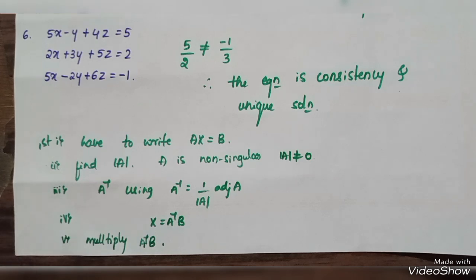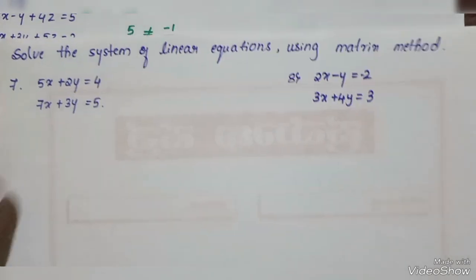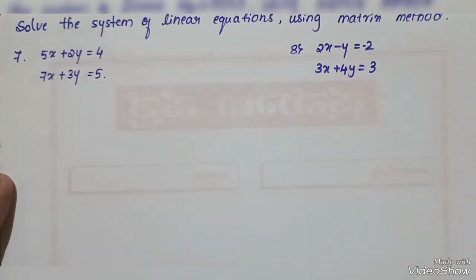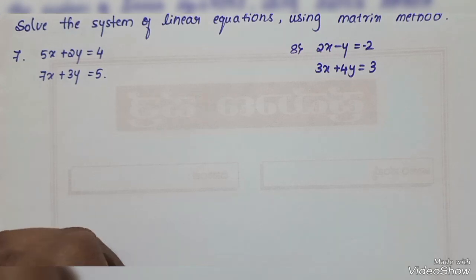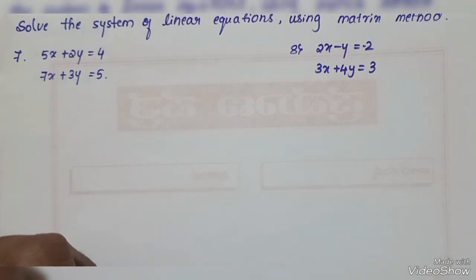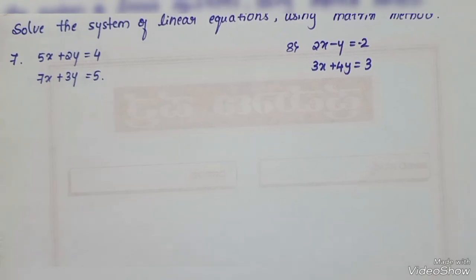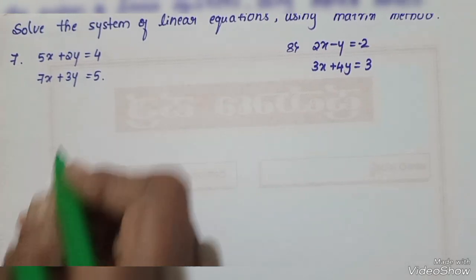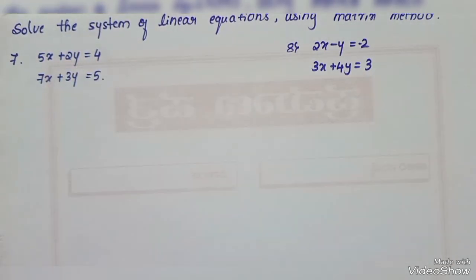Now we have to solve. Okay, questions up to number 6 we already solved. Now question number 7 is to solve the system of linear equations using the matrix method. Here they have given a system of linear equations.